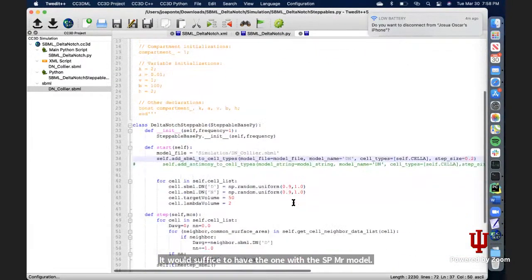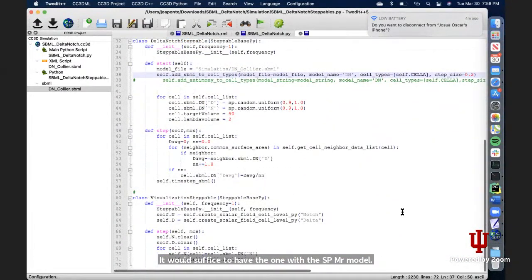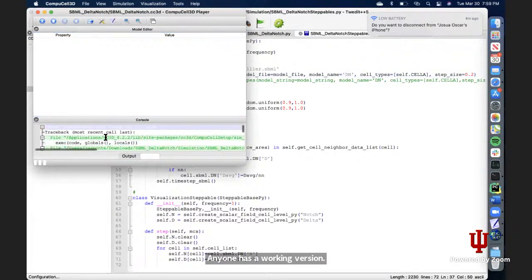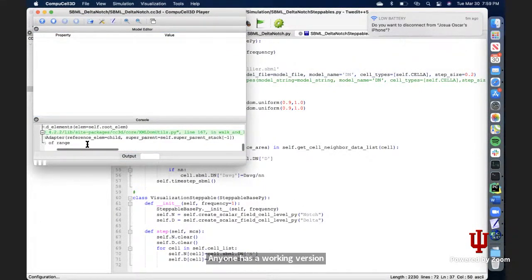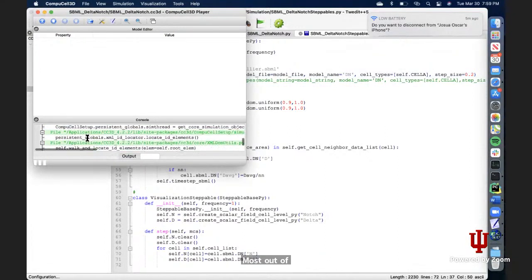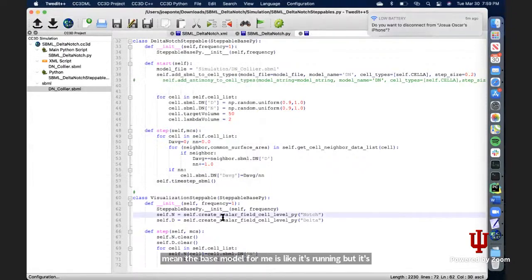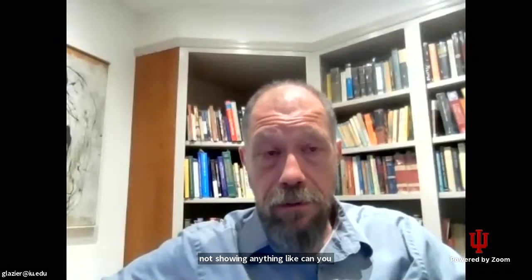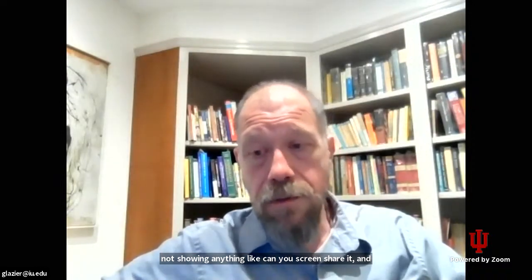Anyone has a working version? List out of range. I mean, the base model for me is running, but it's not showing anything. Can you screen share it? That would be helpful, because we're going to run it.